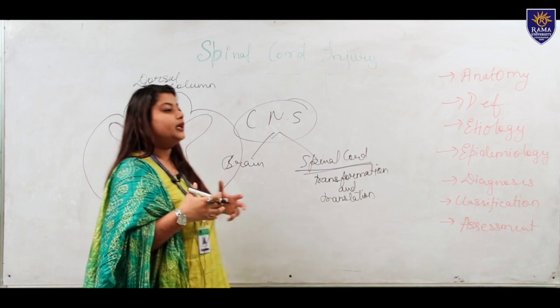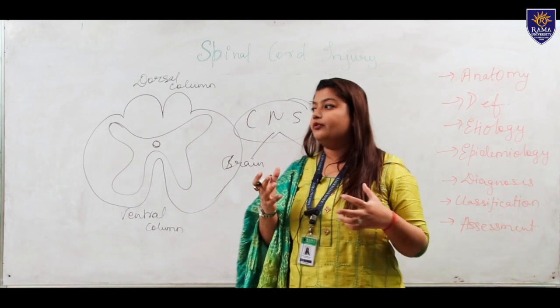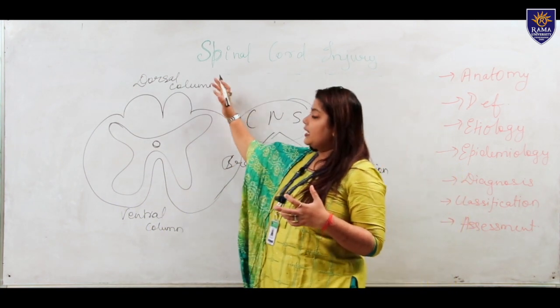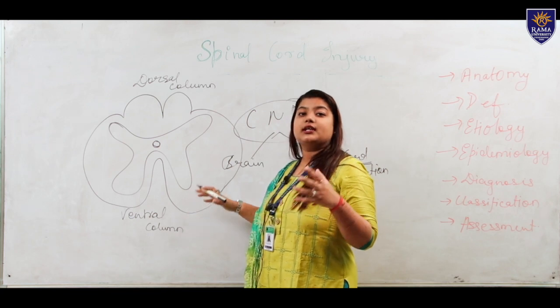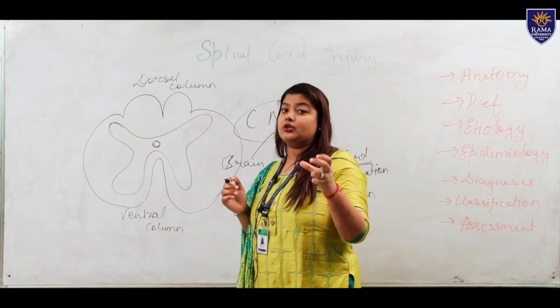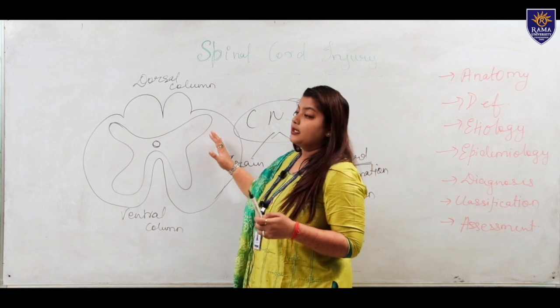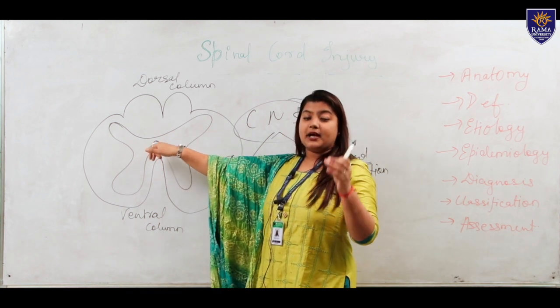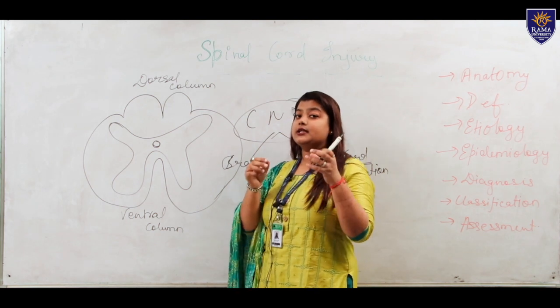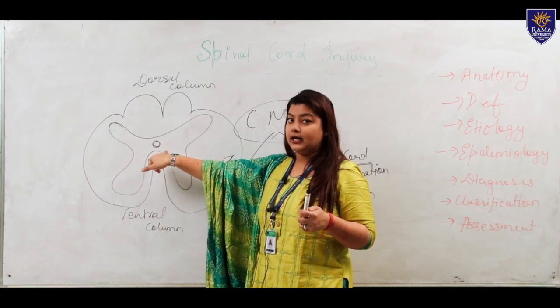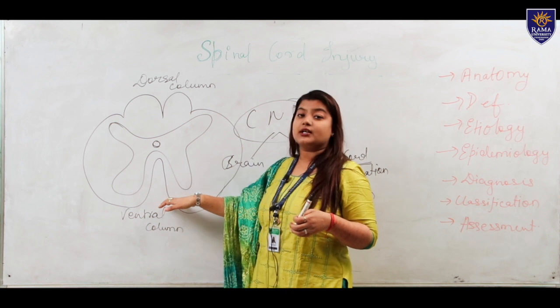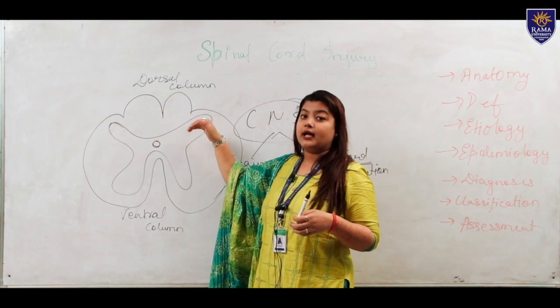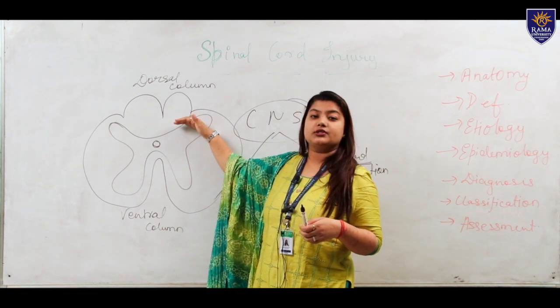Now, when we are studying the anatomy of the spinal cord, we can see that there are two distinctive regions in a TS section of the spinal cord. This is a TS section where we can see the spinal canal. The spinal cord, which is a delicate organ, is enclosed within the spinal canal, and the surrounding structures include the ventral horn and the dorsal horns.